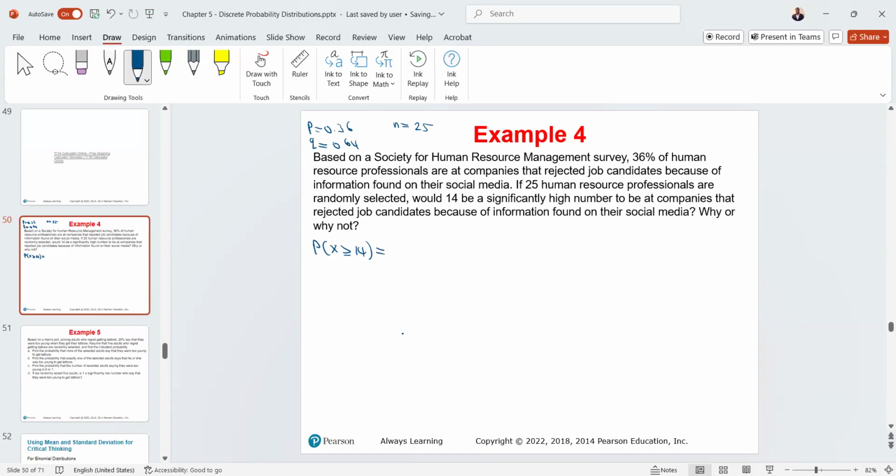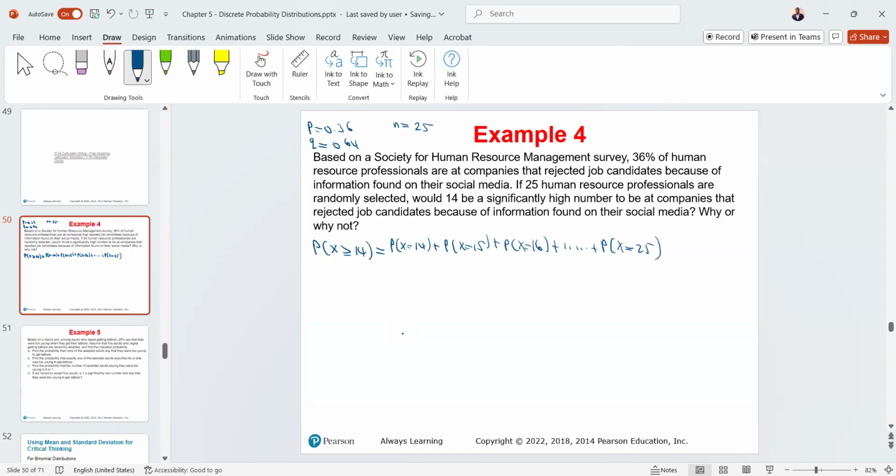You imagine if we do that, we need to do the probability that X equals 14 plus the probability that X equals 15 plus the probability that X equals 16 plus the probability that X equals 17, until you get to the probability that X equals 25.